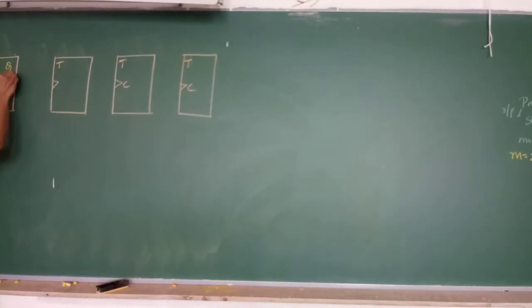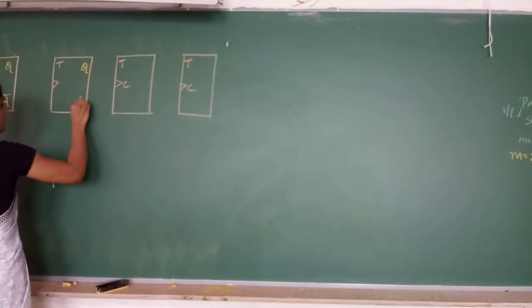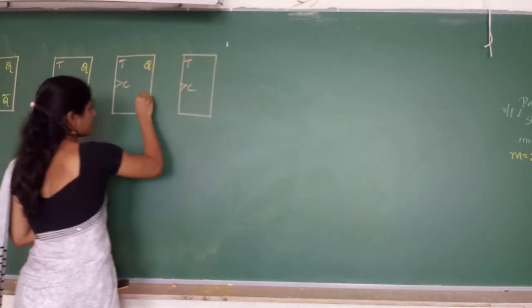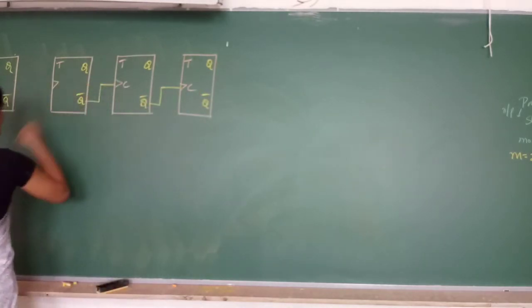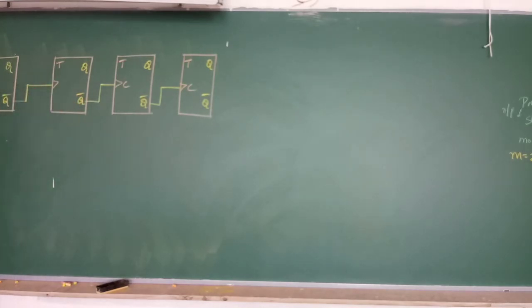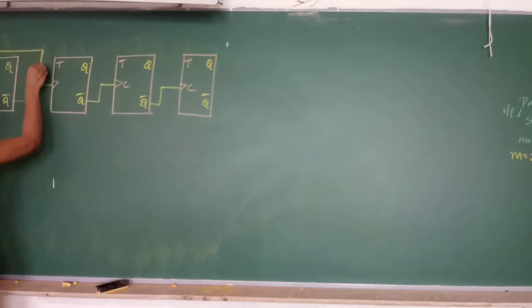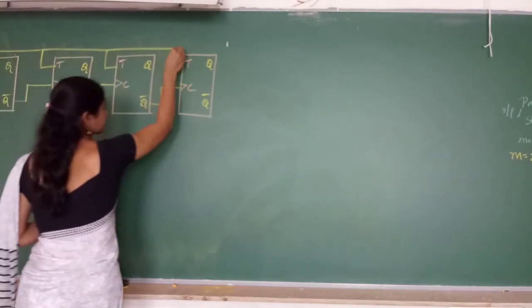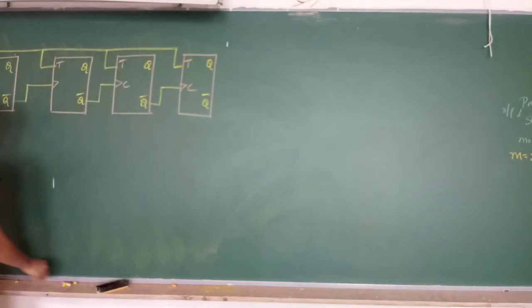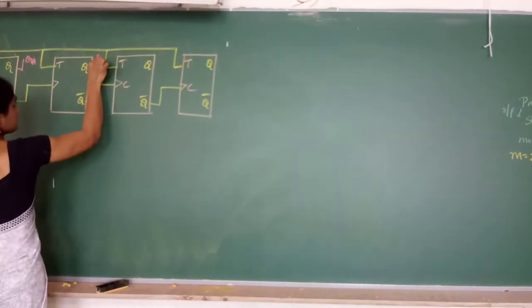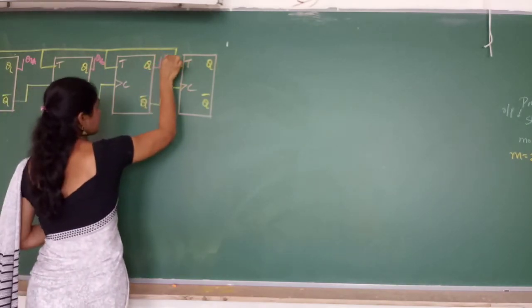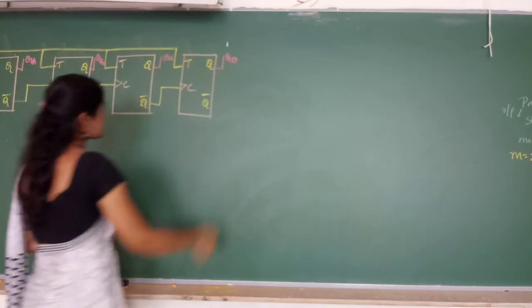Q bar acts as clock: the previous flip-flop's Q bar acts as the clock input for the next flip-flop. And clock is given directly to the first T flip-flop. T is logic 1 for all the T flip-flops. And this is QA, this is QB, this is QC, and this is QD. That's all the connections.